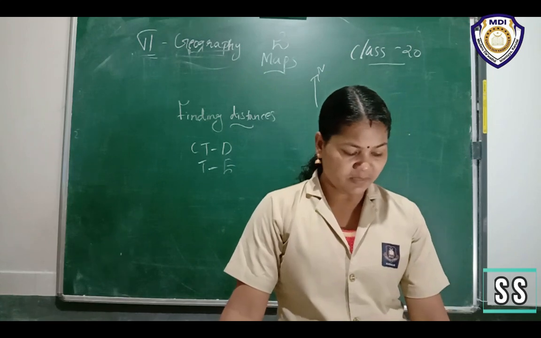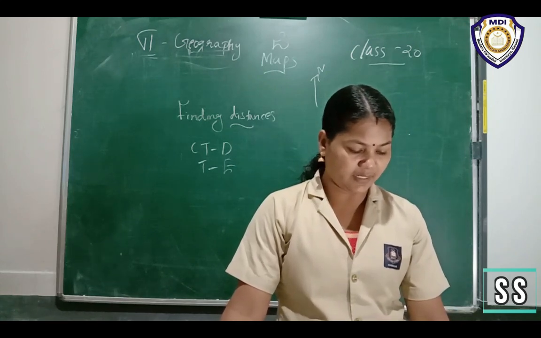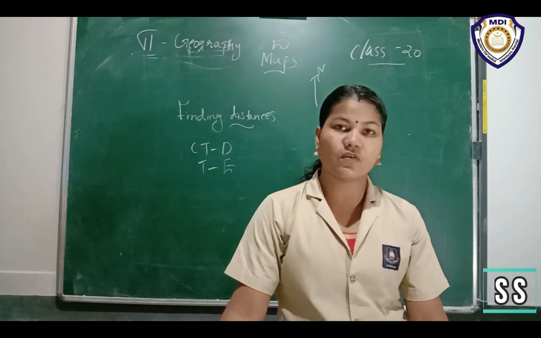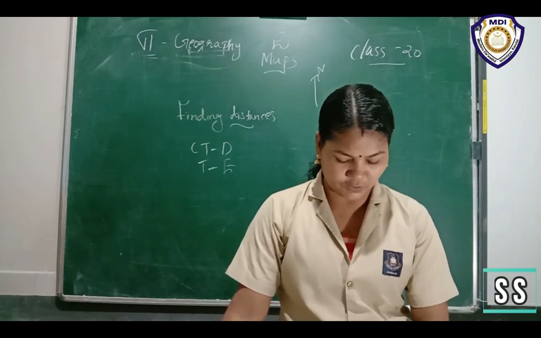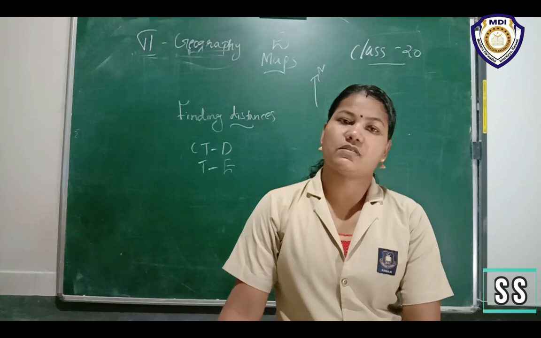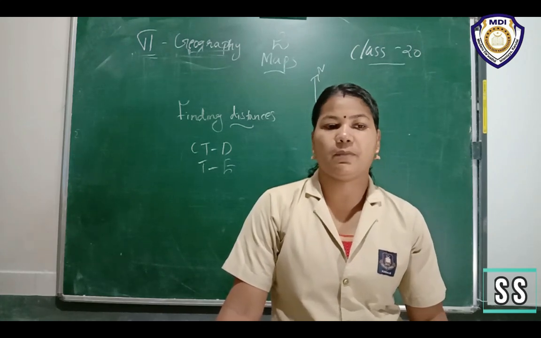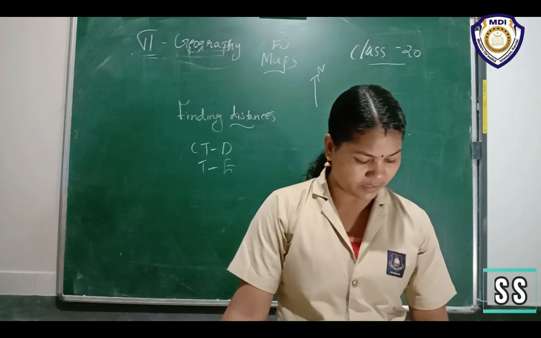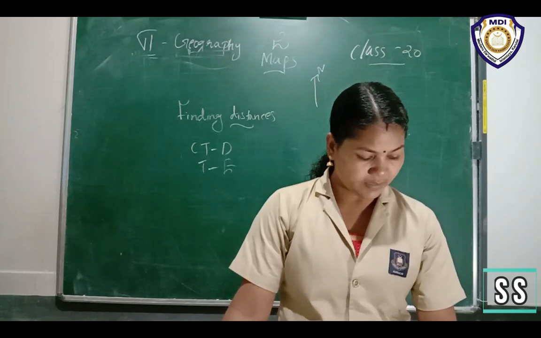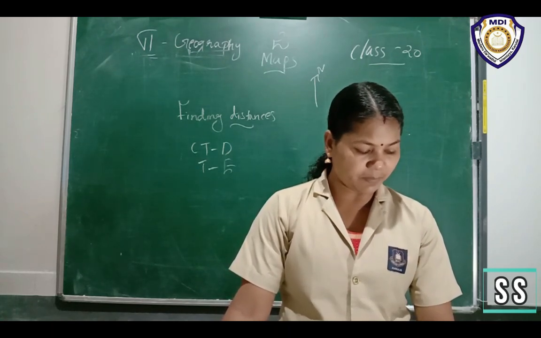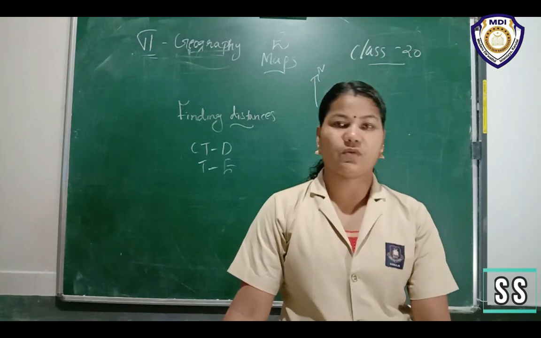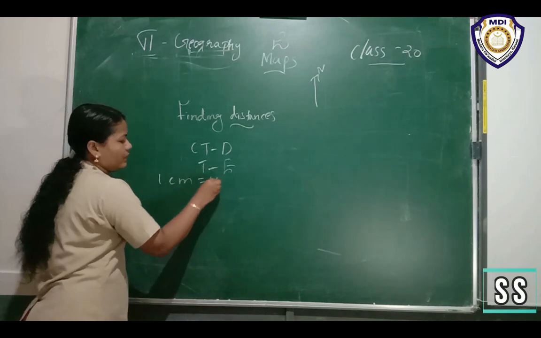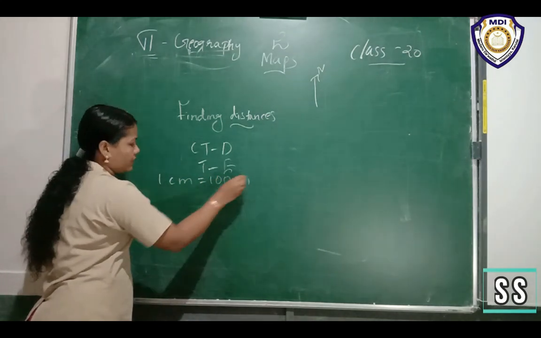First measure the distance between D and E using your ruler. We find that D to E measures 4 cm. Since 1 cm on the map represents 100 meters on the ground, 1 centimeter is equal to 100 meters.